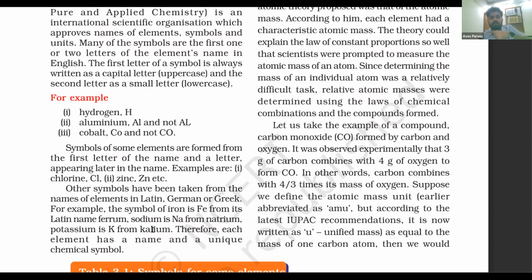I wrote catrium there by mistake, but it is kalium. Sodium is natrium, and kalium is for potassium. That's why potassium is not P, it is K. Like tin is Sn, stannum. According to them we have written these. So let's move further and talk about the next one.